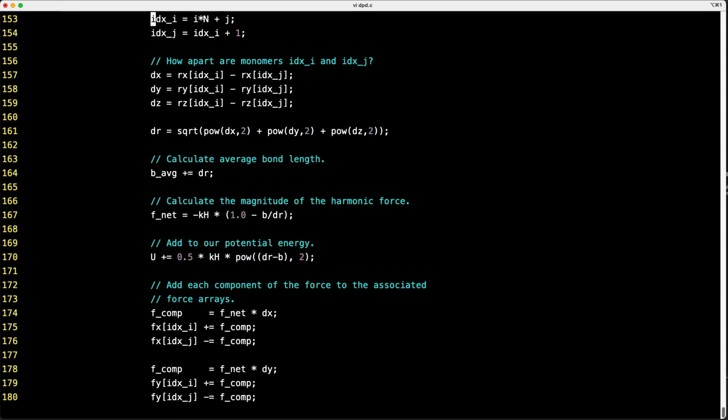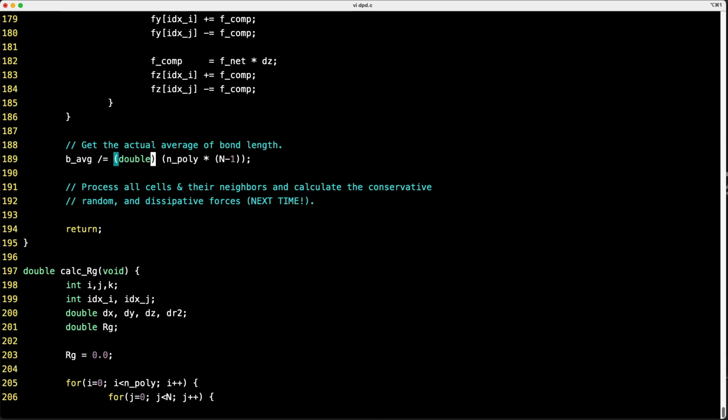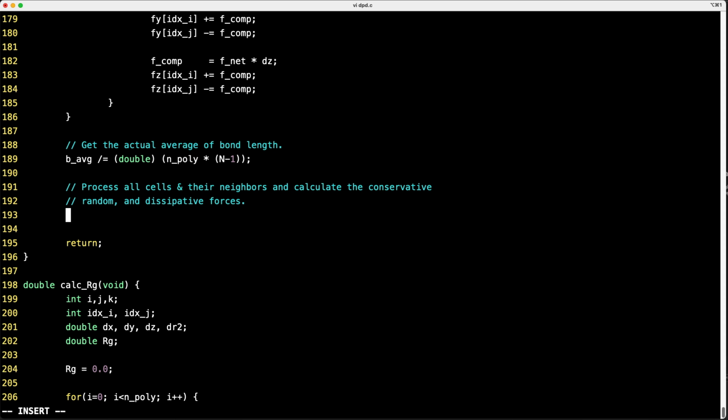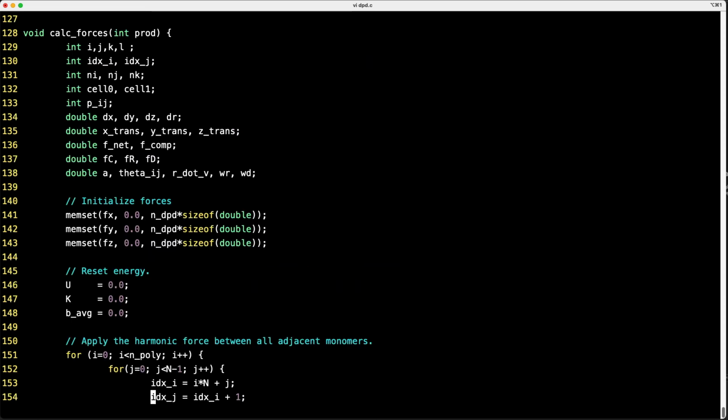So let's go down to where we left off last time. And now we need to process all of the cells and their neighbors and determine the values of these forces. So essentially what we're doing at this point is we're going to loop through those indices NY, NX, and NZ. And did I forget to put those on here? I think I did. Let's go back and look.